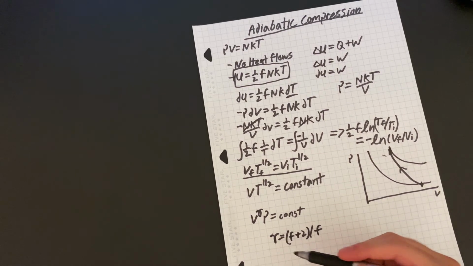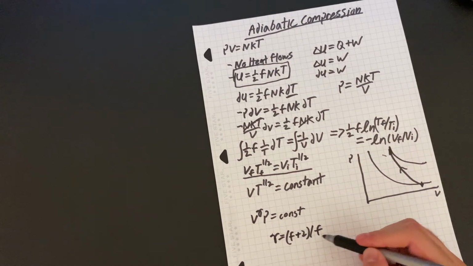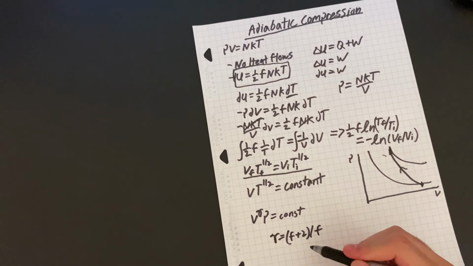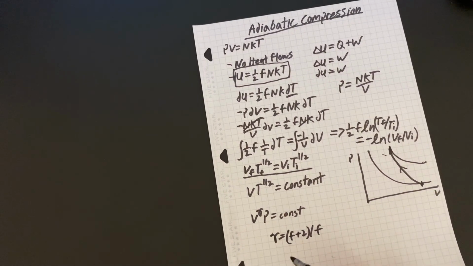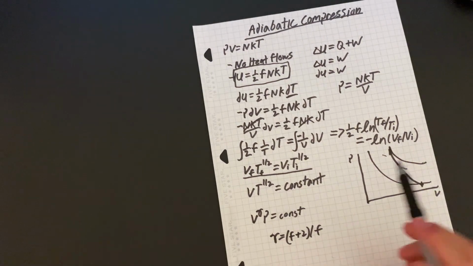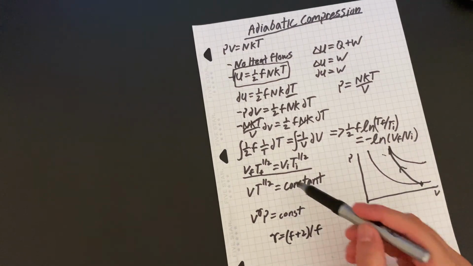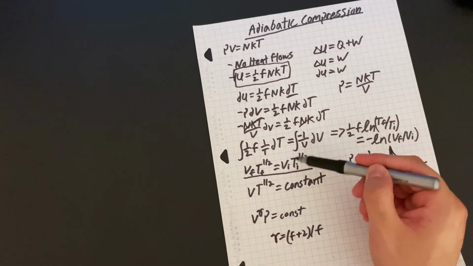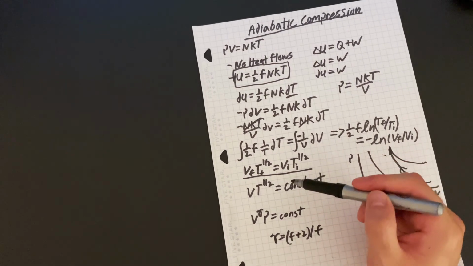Gamma will show up later, and gamma is entirely based on the degrees of freedom of the system. But if you're just solving problems, I think this equation is the easiest to understand and the easiest to use.